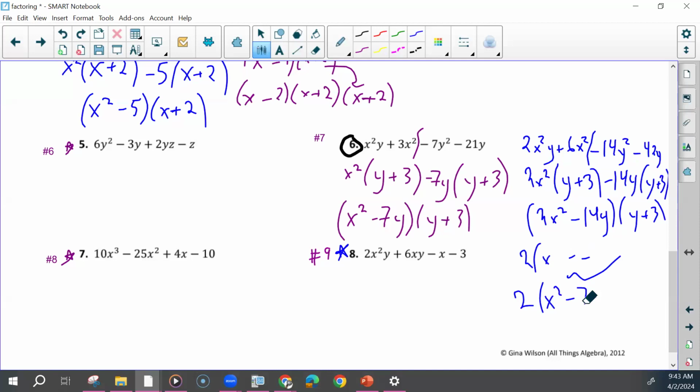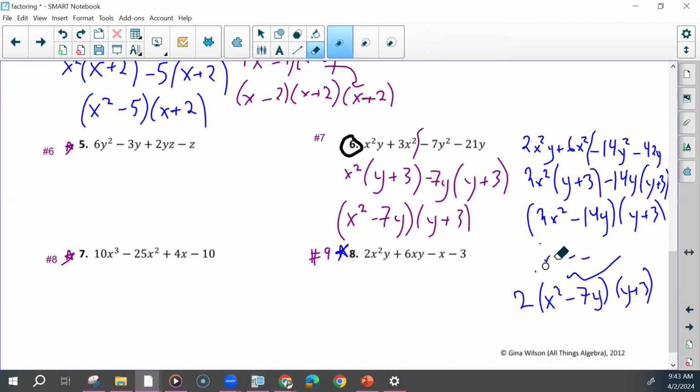Erase all of that. So if I had seen that I could divide something out of the beginning, I could have done that and then just kept bringing down the GCF. Or if you see it at the end, divide it out. But you can't leave this factor like this. It would not be factored completely.